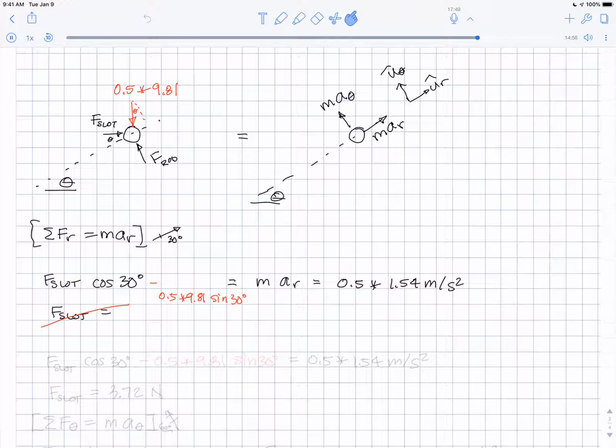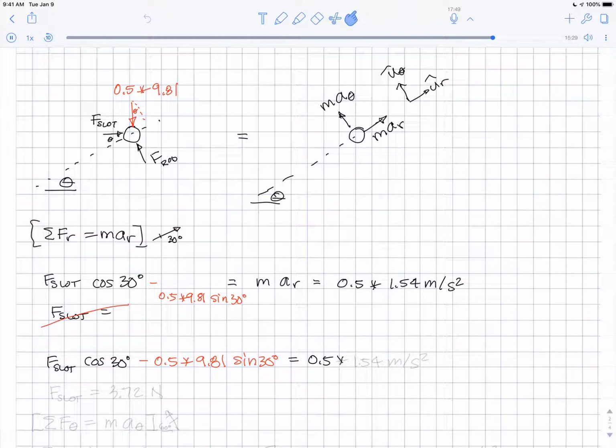So it is F of the slot cos 30 degrees, and the part that I missed because I didn't have the weight in there, because I didn't see that this was not horizontal, it's vertical, so there's weight: minus 0.5 times 9.81 sine 30 degrees. That's what I'm missing. I'm glad I checked before I continued on.